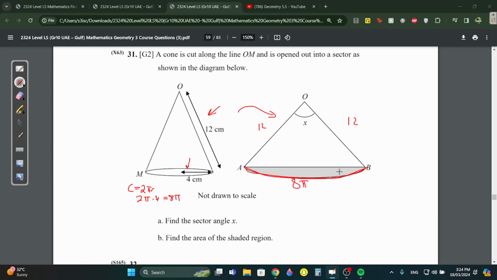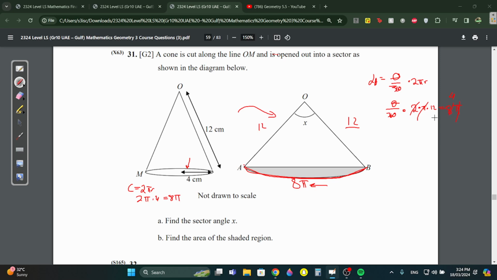Let's take a look at it step by step. We have the radius, we have the length of the arc, but we need the angle. Can we find the angle? Yes, we can. The length of an arc is theta over 360 times 2 pi r. So theta over 360 times 2 times pi times 12 equals the length of the arc, which we know is 8 pi. Cancelling 2 pi with pi, 2 with 8, this becomes 4.